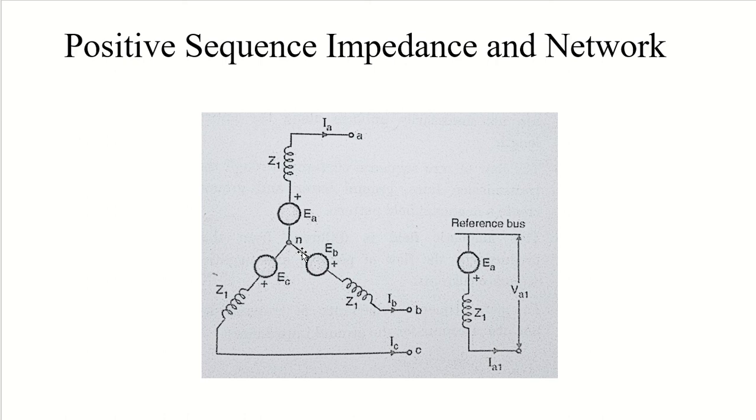The angle between two windings will be 120 degrees, and the number of turns on the windings will also be equal. So it can produce sinusoidal EMF, and that sinusoidal EMF will also be 120 degree displaced.